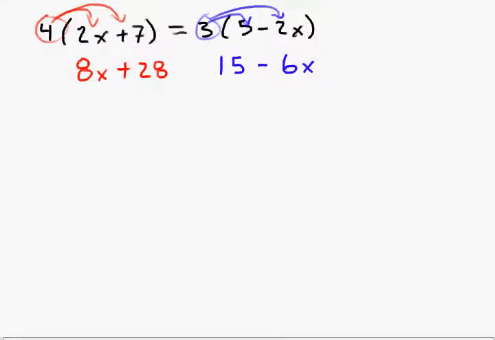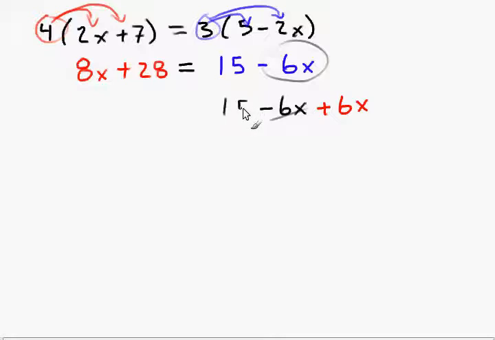Now, since we did not perform any operations, we just rewrote these expressions in equivalent forms, they're still equal to each other. We're still solving the same problem. And now our focus is on this guy. I want to add 6x to it, because then I'll have minus 6x plus 6x.